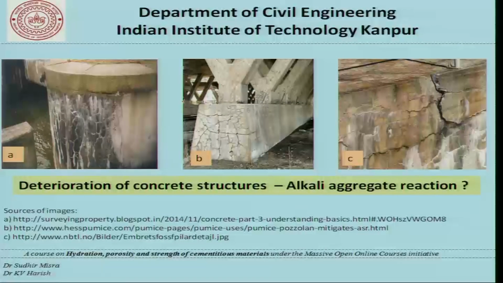We must remember that once these cracks are formed, and these are not structural cracks, that is, these are not cracks brought about on the structure due to the action of structural loading, these are the cracks which have arisen in the structure because of problems in the concrete itself.